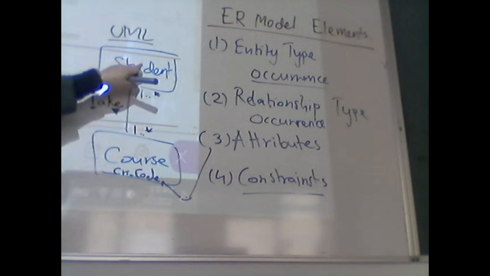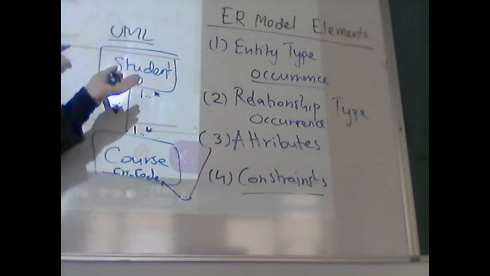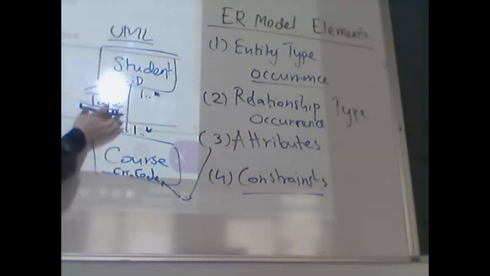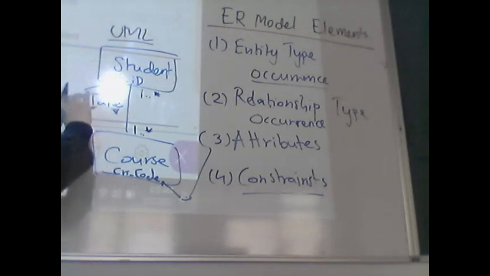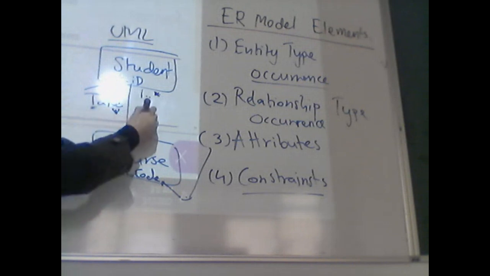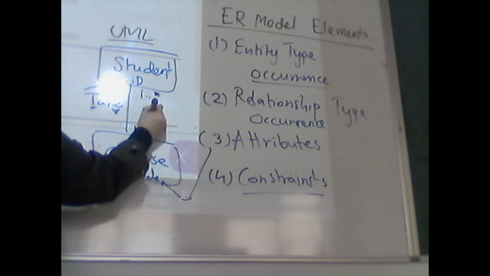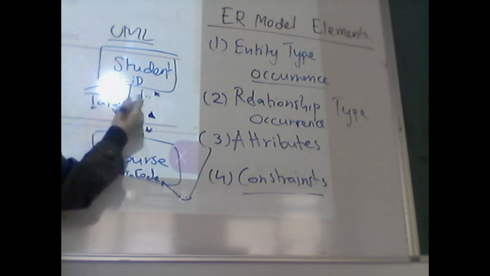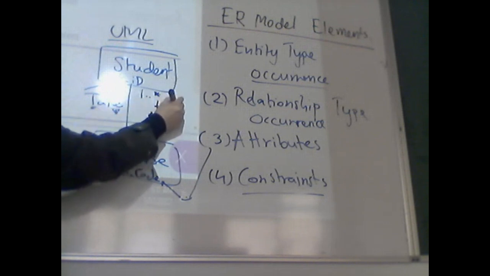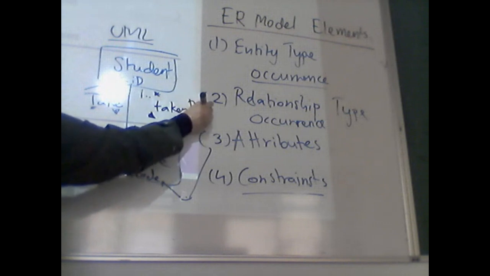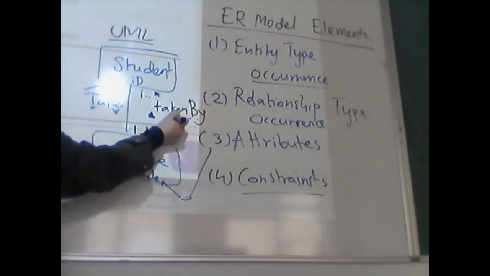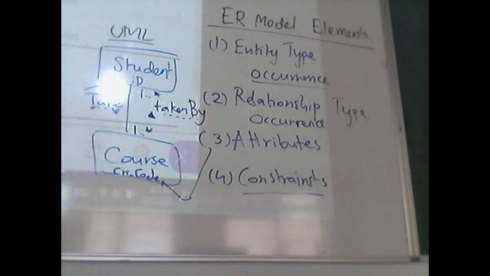No. Course taken by, right? Same verb, but it is converted to a phrase. If the direction is like this, then the relationship name will be Take; if it is the other direction, taken by.